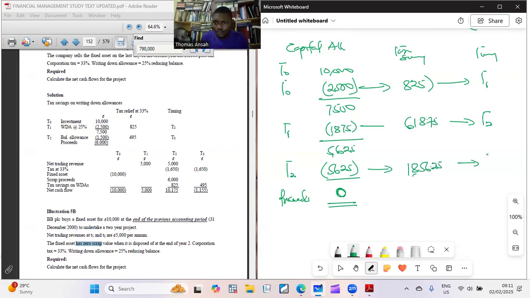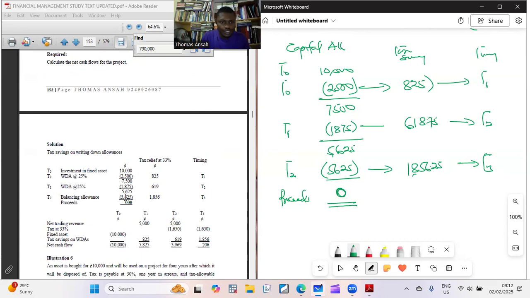Good. Timing T3. So that is that. So if you set up your table, it will also gear to T3. So this is what we have done. You could see clearly, you set up these figures. Of course, you tax it immediately. You bring in your working capital, then you bring in these things. As you can see, this figure has been rounded, so that's why you see that 169, and this one too has been rounded. Then you get your cash flow. Easy peasy. There you go.